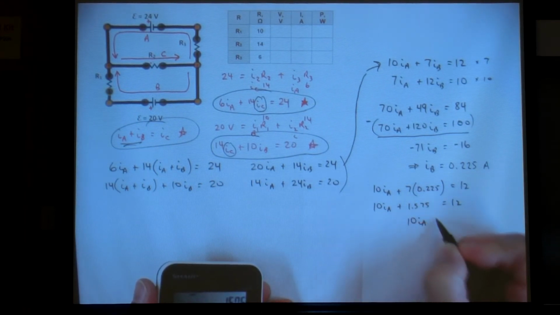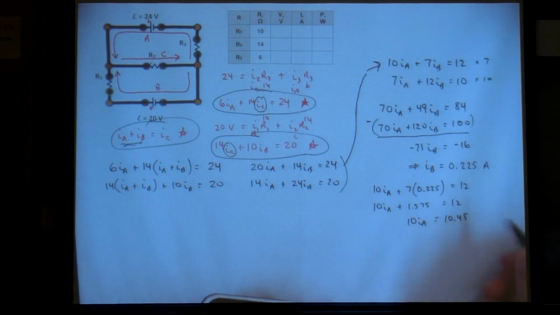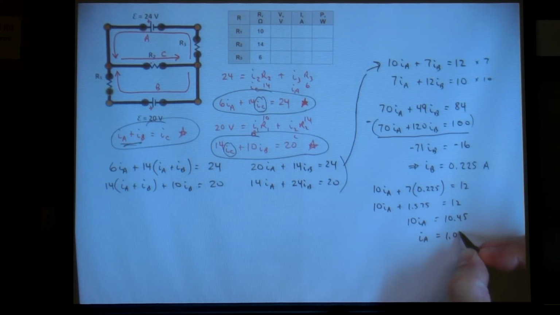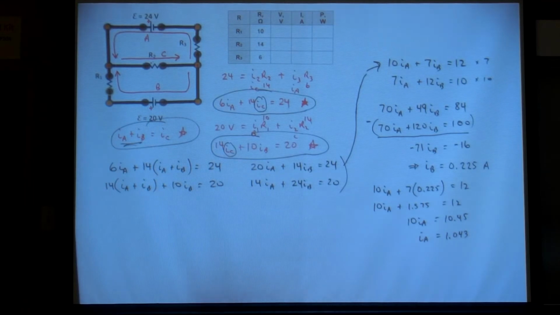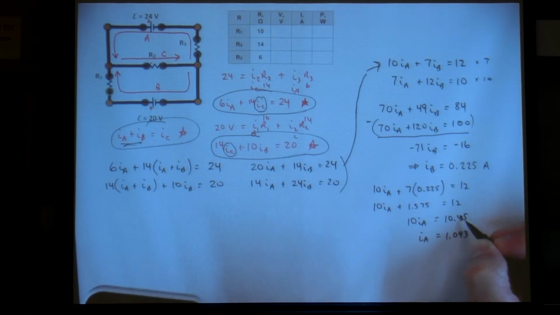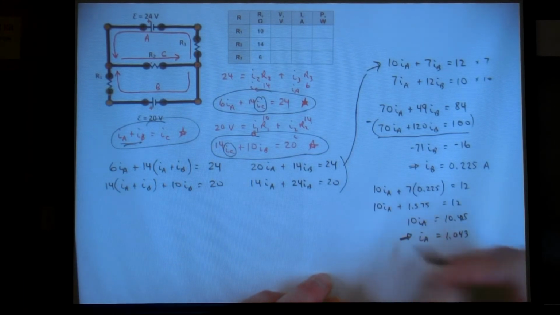So 10 IA is 12 minus 1.575. That gives me 10.45. So now we divide by 10, which I really don't need a calculator, but I get 1.04. And if I round off, it doesn't look right, does it? 12 minus 1.575 is 10.425. Forgot that. So that's 10.425, round off to 1.03. So that's the current in A.